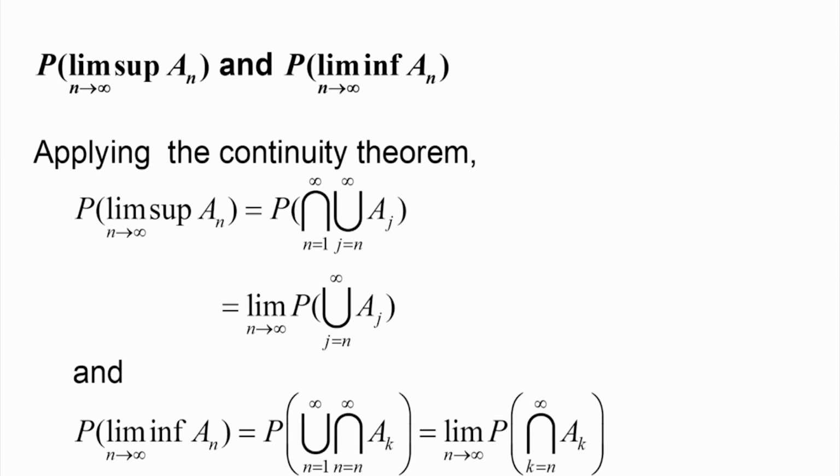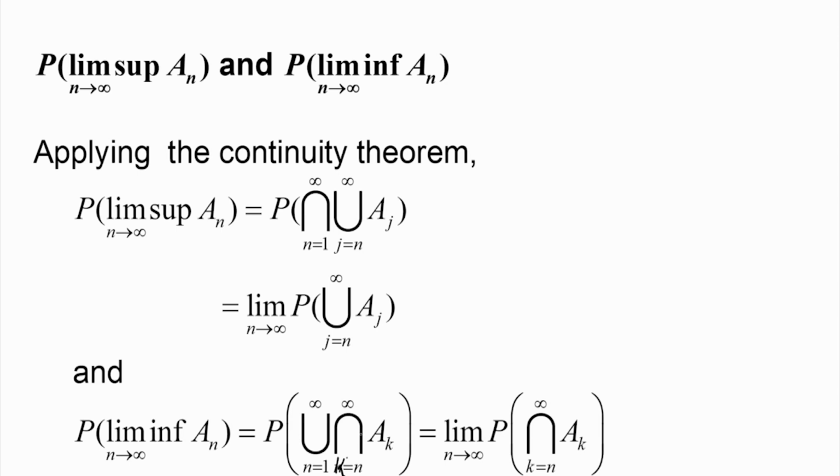And similarly, we can find out the probability of lim inf of A n, that is by definition the probability of the union n equal to 1 to infinity of the intersection of A k, k equal to n to infinity. Now, I know that this sequence of events is an increasing sequence.